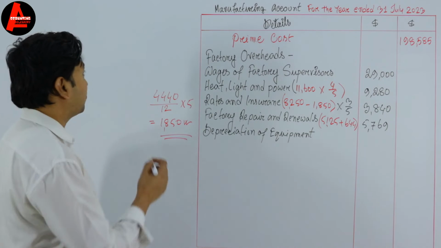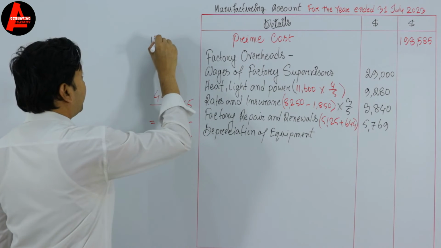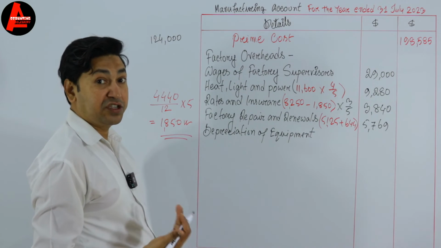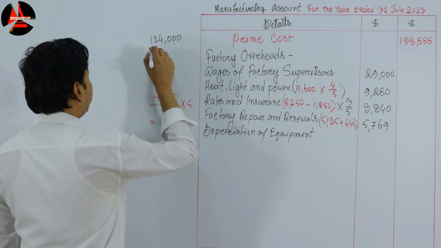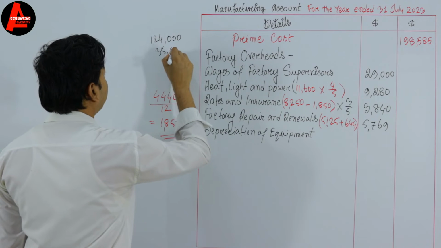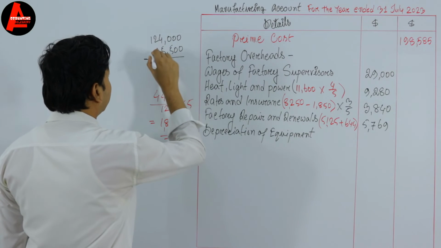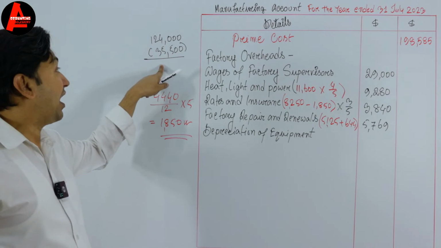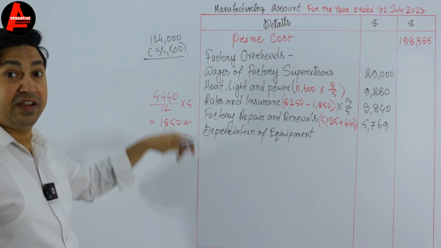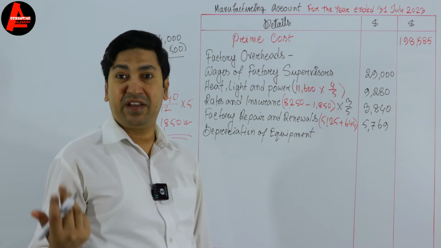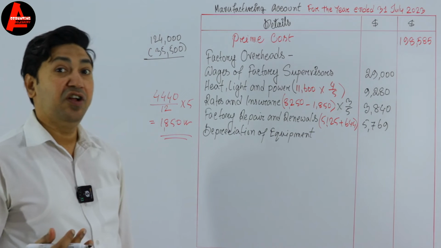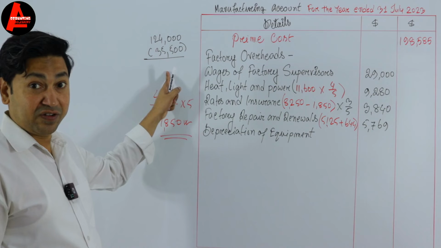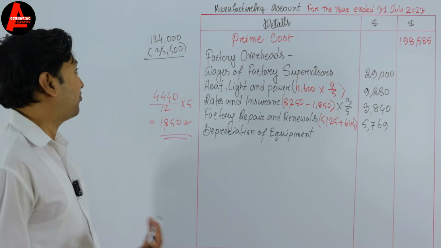So equipment cost was here $124,000, and here on the question we see provision for depreciation given it is $35,500. We will minus this amount first of all because we will calculate our net book value. Net book value equals cost minus depreciation, you already know.